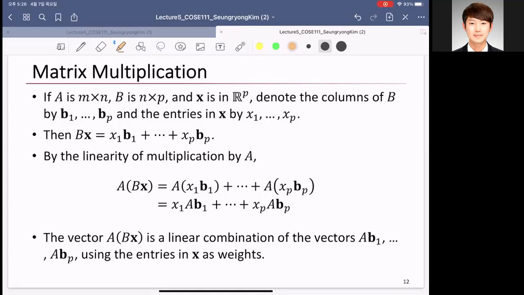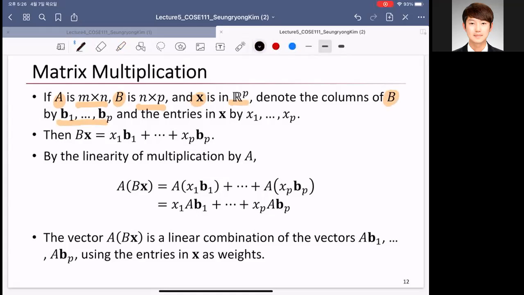So, let's prove. If matrix A is an m by n matrix and matrix B is an n by p matrix and X is in R^p space, denote the columns of matrix B as B1, B2, up to Bp.